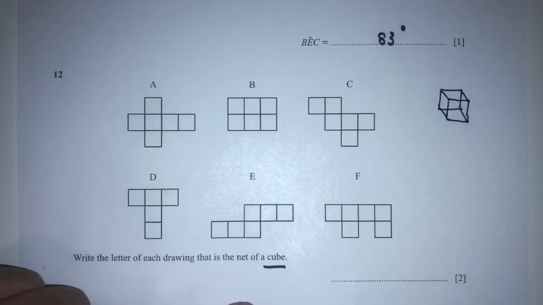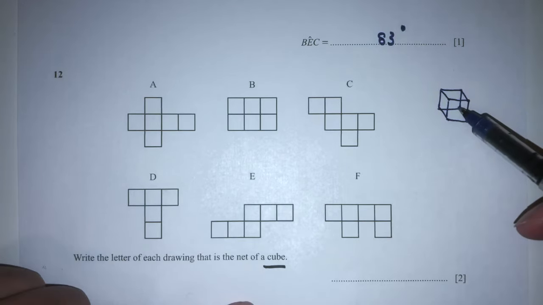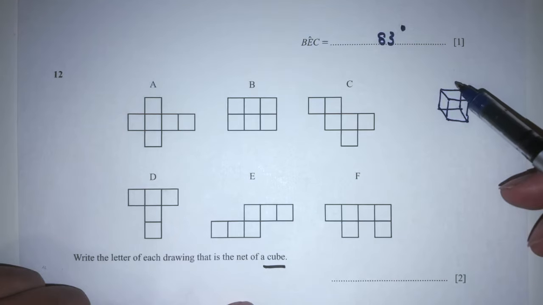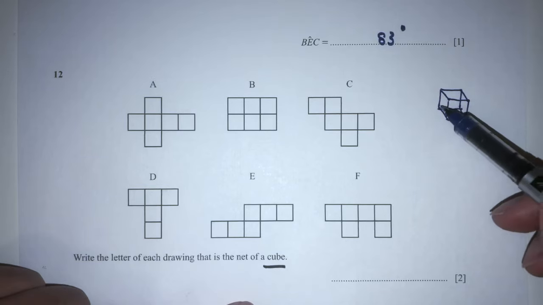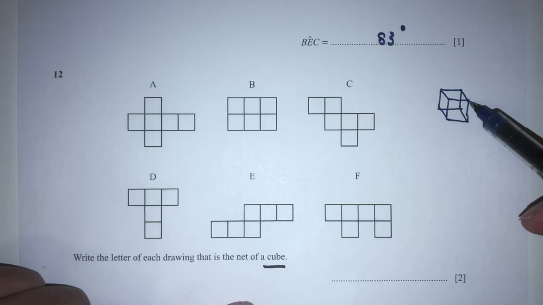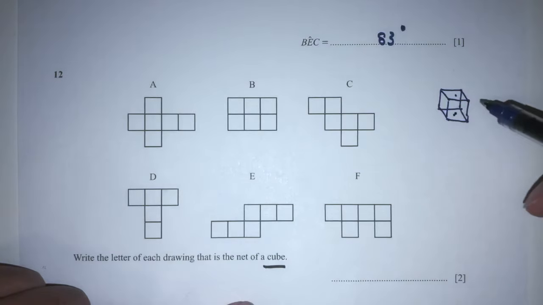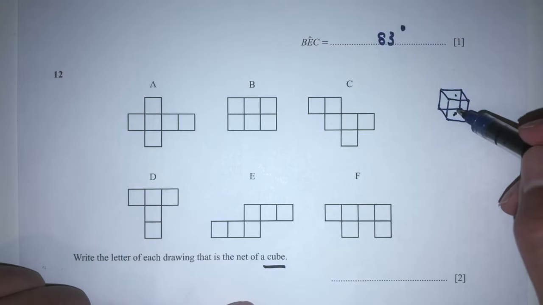first thing, let's count how many sides the cube has. 1, 2, 3, 4, 5, 6. So from what I can see, it has 6 sides, because top, bottom, front, back, and the sides.